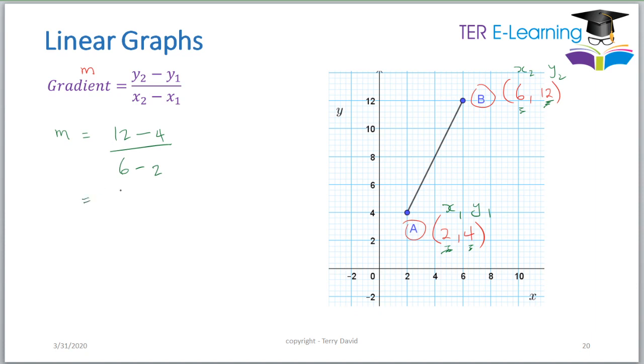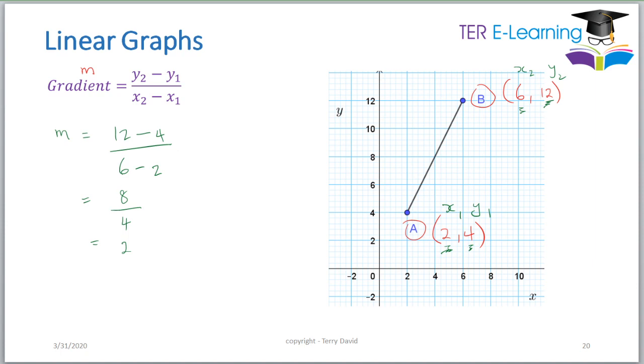So 12 minus 4 gives me 8, divided by 6 minus 2 which gives me 4, and therefore 8 divided by 4 gives me 2. So the gradient of this line segment is equal to 2.